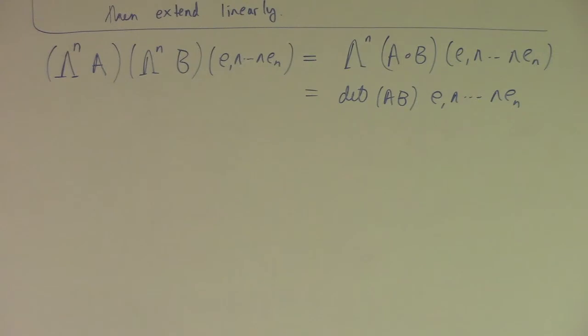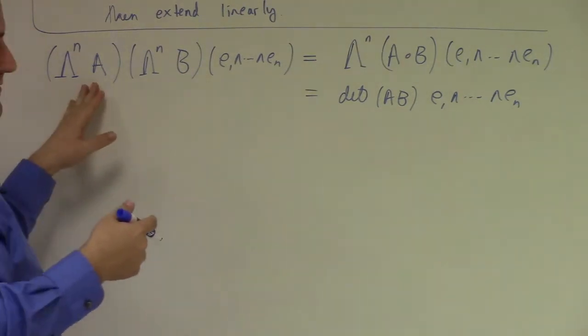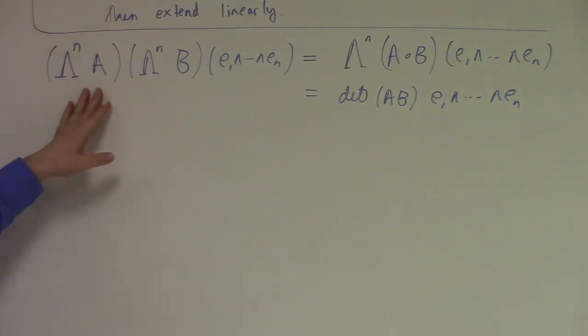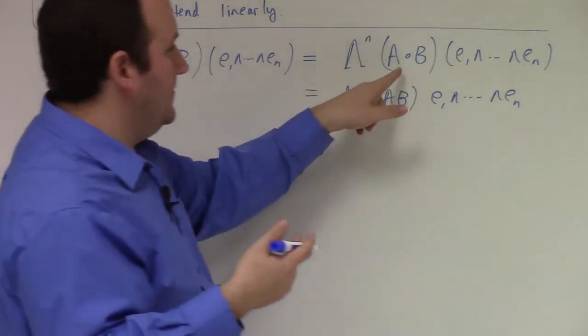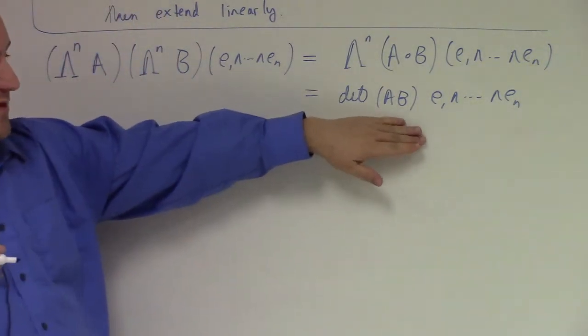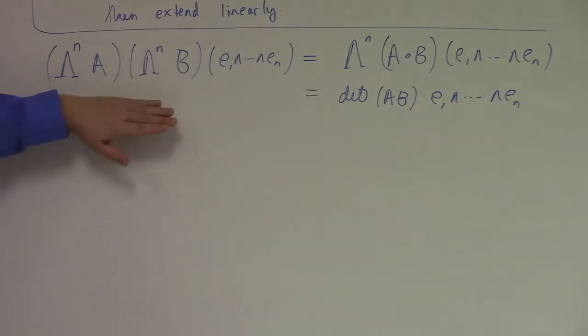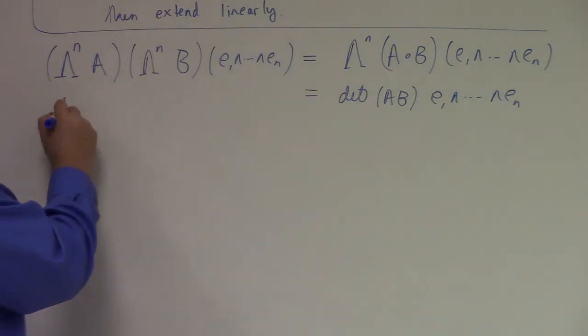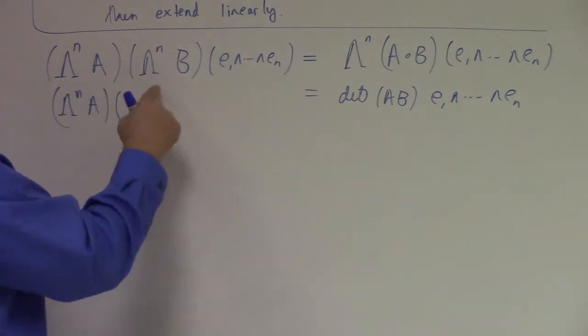I'm using A for the transformation and the matrix. On the other hand, this is equal to lambda n A of this, right? Which is what?